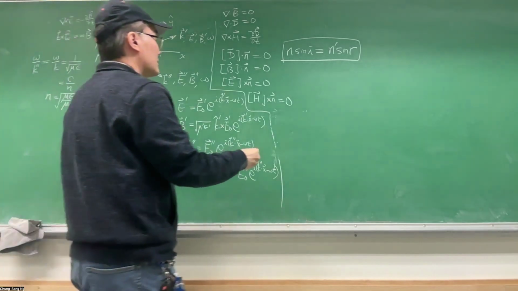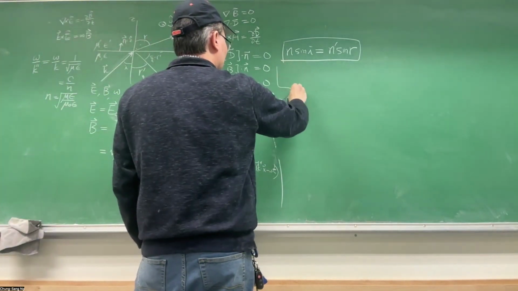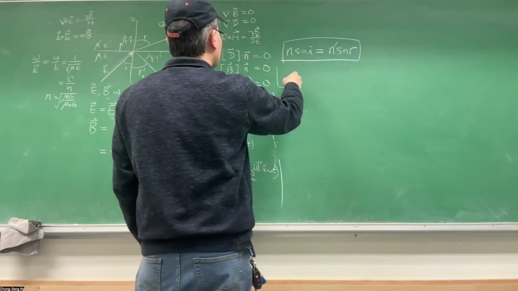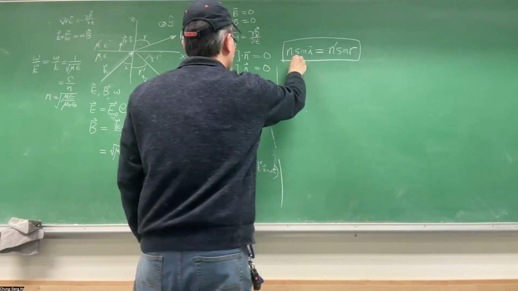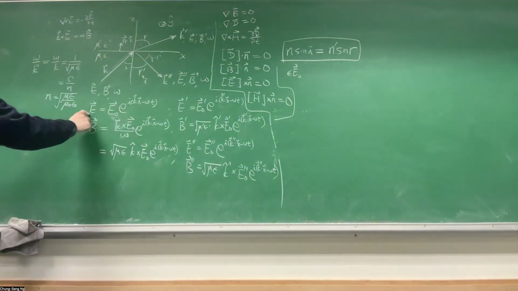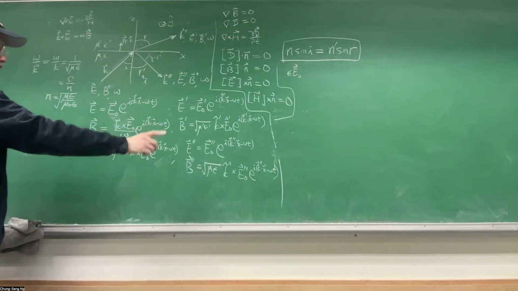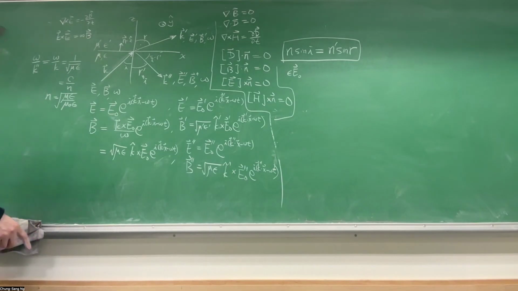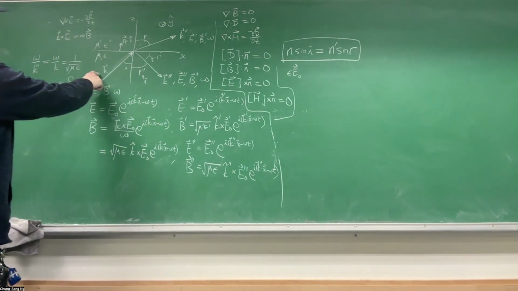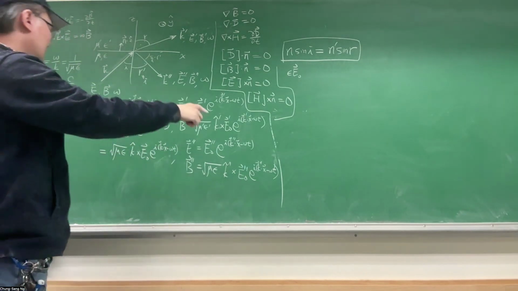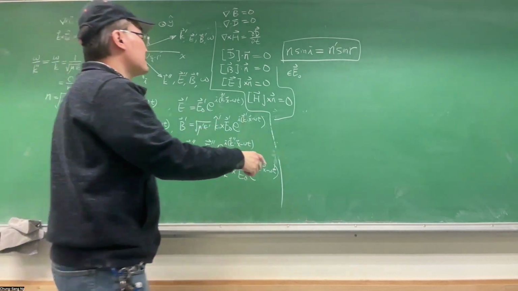For the first equation, you have epsilon E sub 0, and you forget about all the phase now because we already matched all the phase in all the terms. That's in the lower medium.